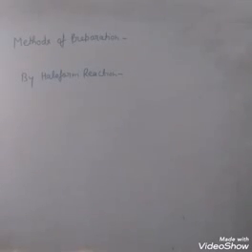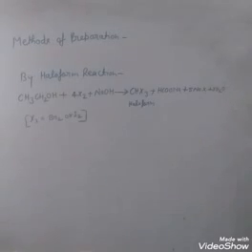First we discuss bromoform or iodoform obtained with the help of ethyl alcohol. These haloform reactions we studied in the previous video.